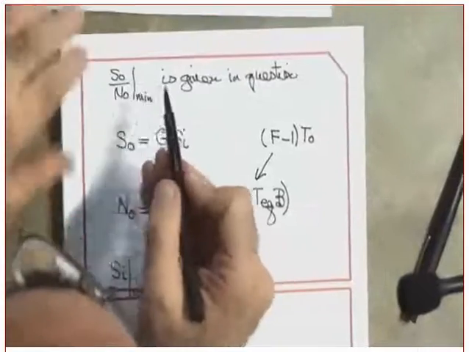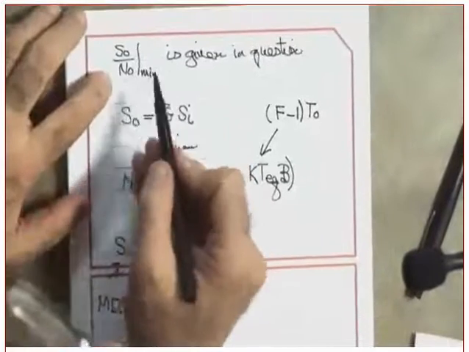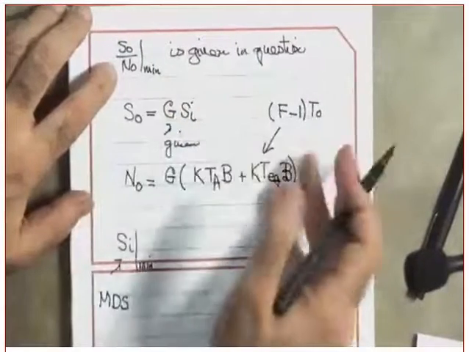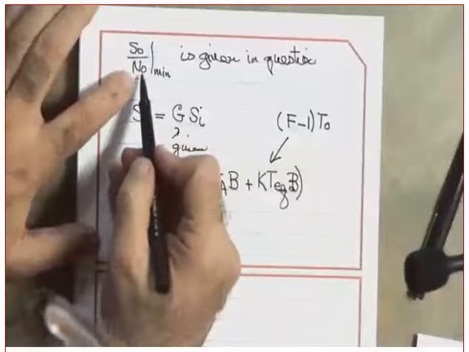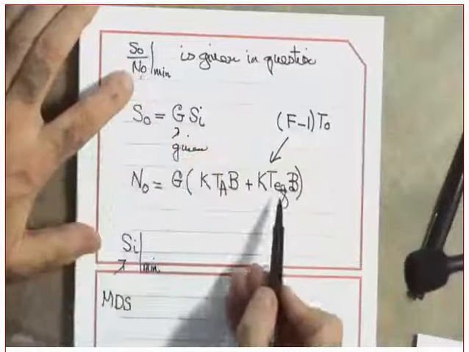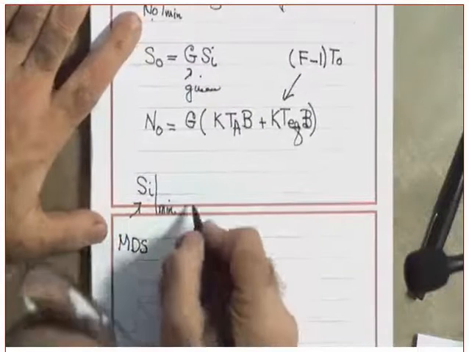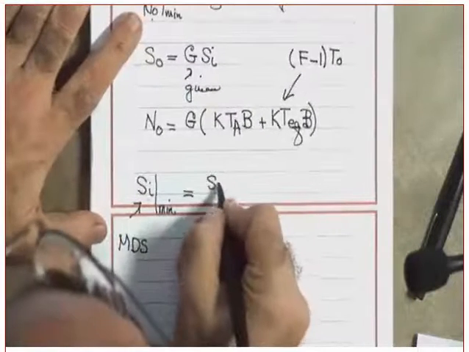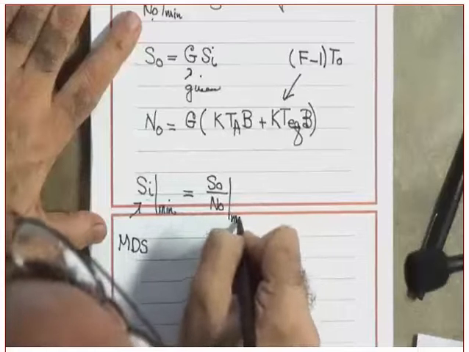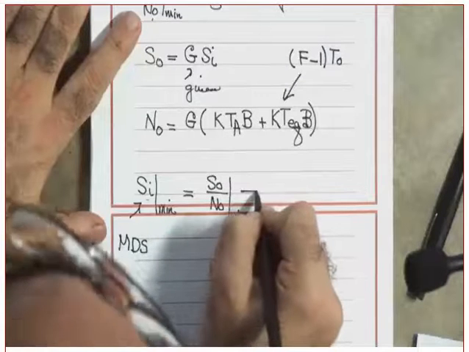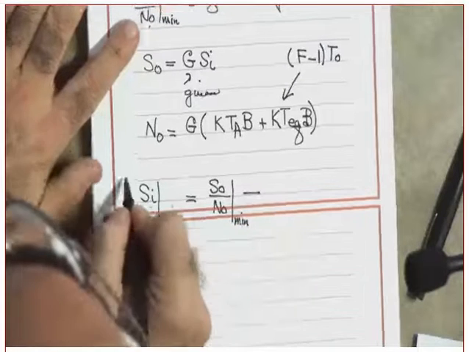Yes? I need to subtract from it what? This is in dB. Everything is in dB. Yes? I need to subtract from it the noise power at the output. So what do I have? Equal to S over N0, the minimum, minus, by the way, what is this?